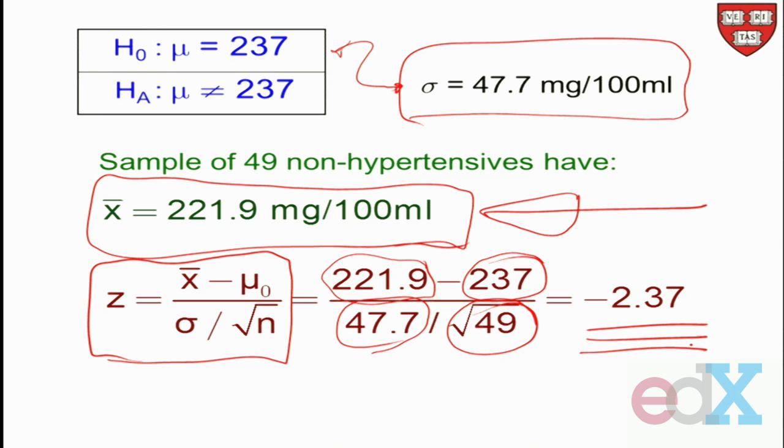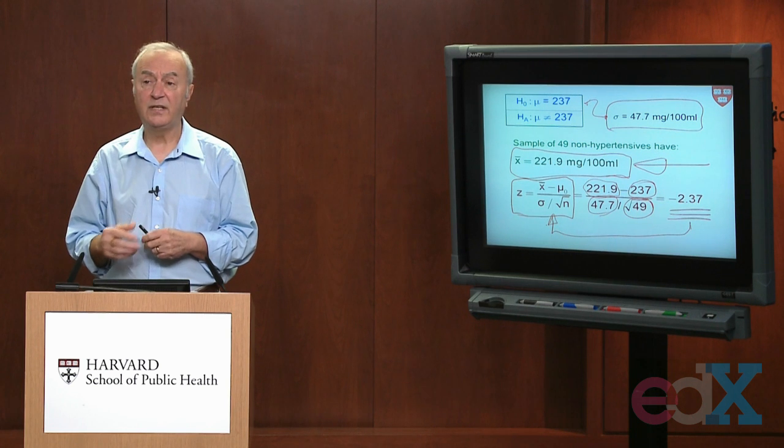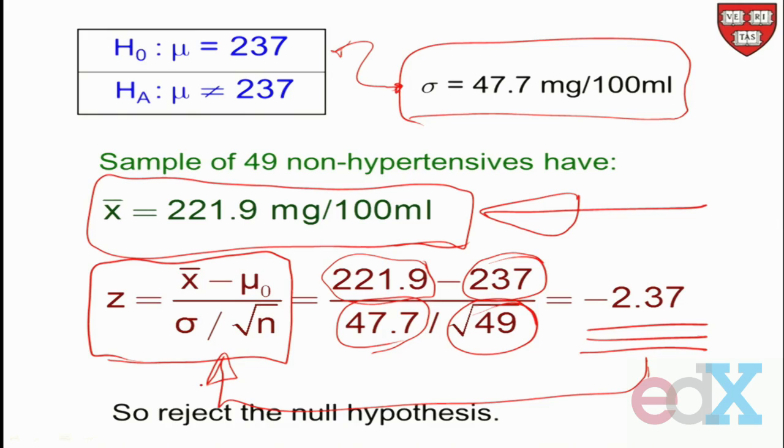So this tells us that this distance between x bar and mu naught, when standardized, is beyond the 95% cutoffs. So we reject the null hypothesis. On the basis of these 49 non-hypertensives, we reject the hypothesis that they come from a population with this high a cholesterol level.